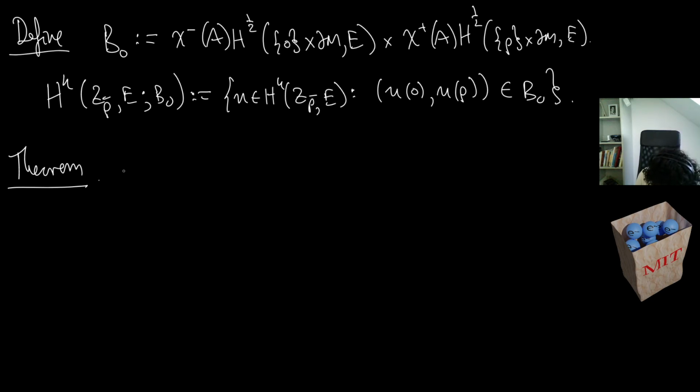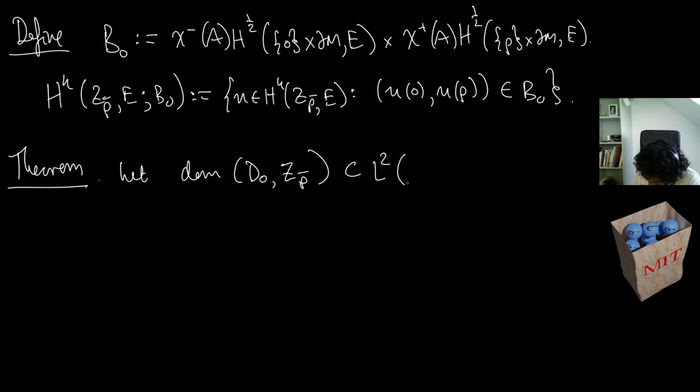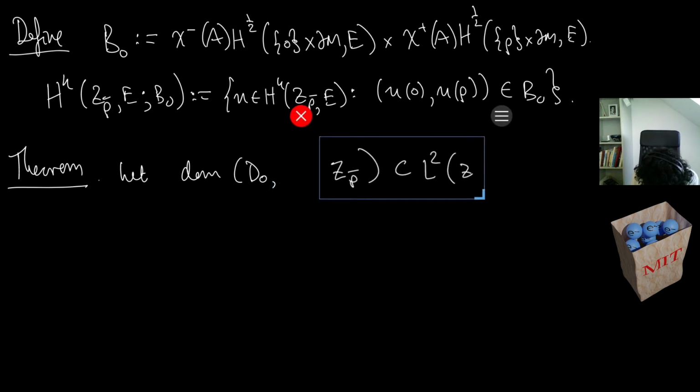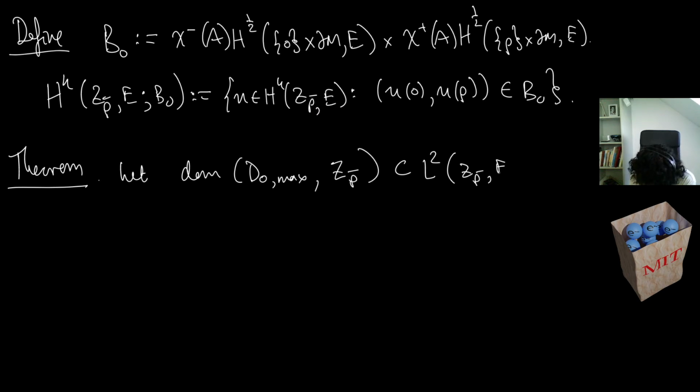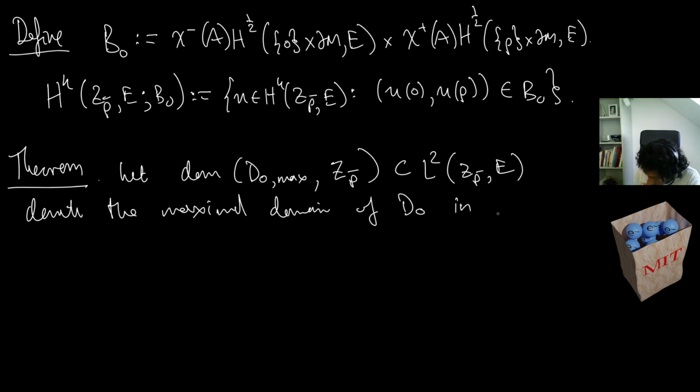Let dom D naught Z rho in L2 of Z, D naught max, denote the maximal domain of D naught in L2 Z rho of E. So not on the infinite cylinder, but just on this finite cylinder, right?